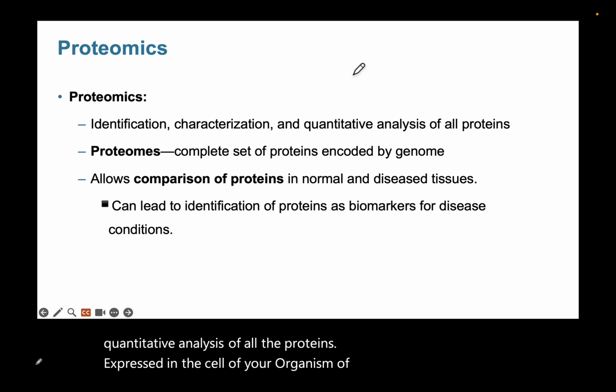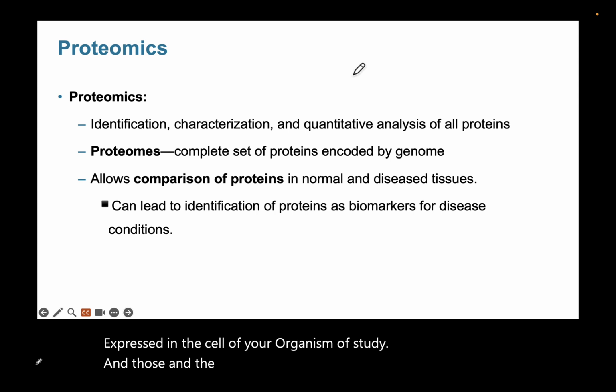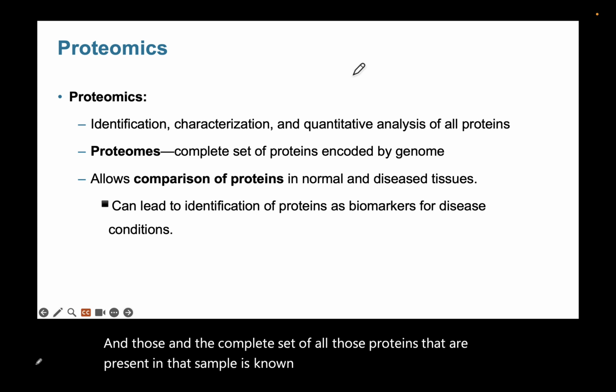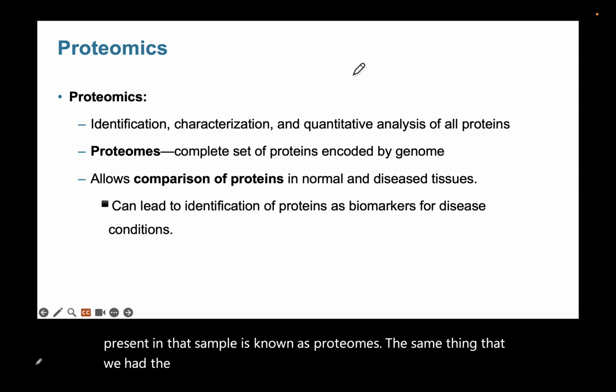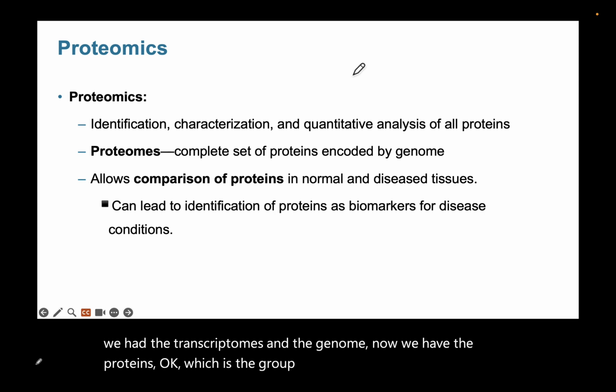And the complete set of all those proteins that are present in that sample is known as the proteome. The same thing that we had the transcriptome and the genome, now we have the proteome, okay, which is the group of all proteins encoded by the genome.